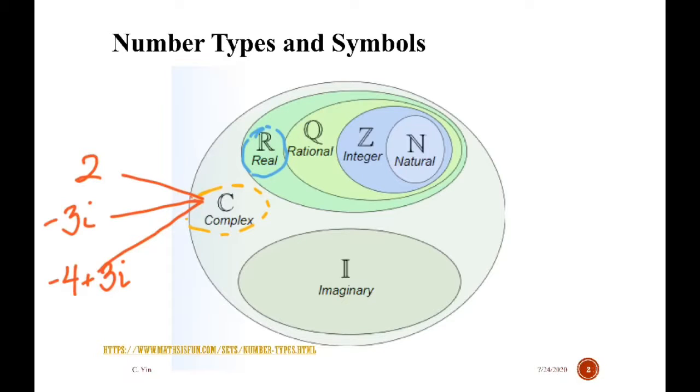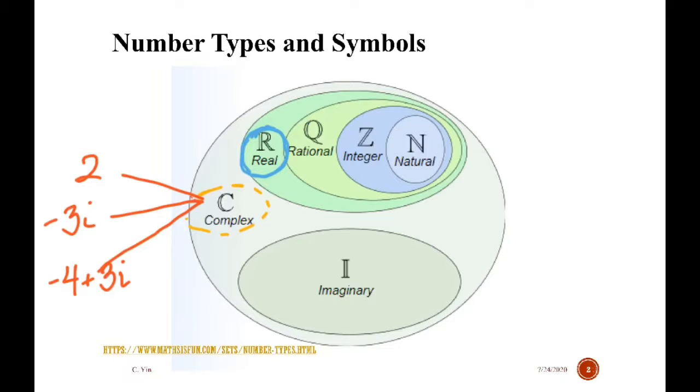Basically, it's any kind of number that doesn't have the i in it. So if you think about the complex numbers, take off the ones that have the i's in them, what you have is the set of real numbers. And then inside of that, you'll notice that you've got 3 other sets nested inside of the real numbers. We've got the rational numbers, the integers, and the natural numbers.